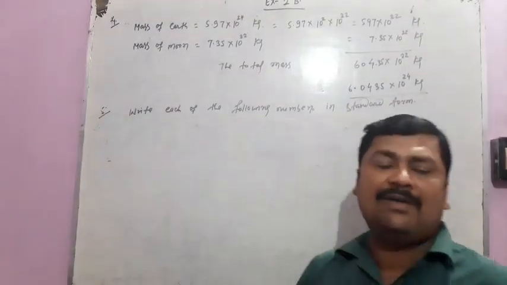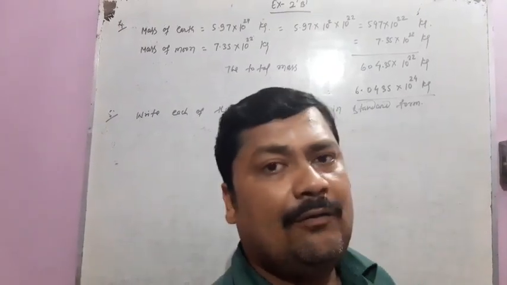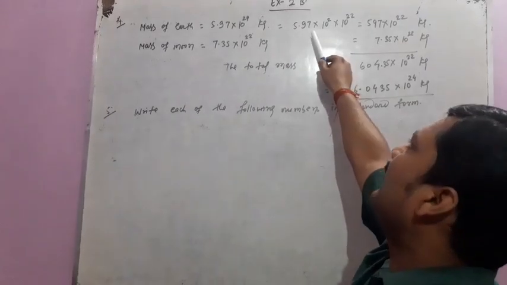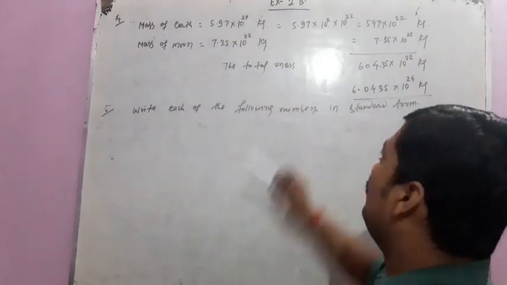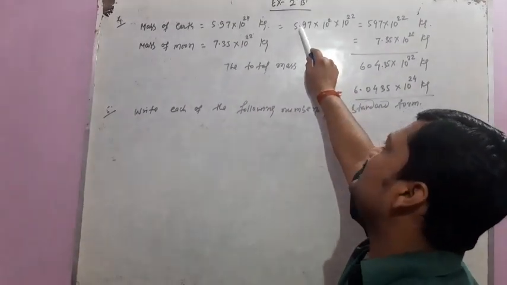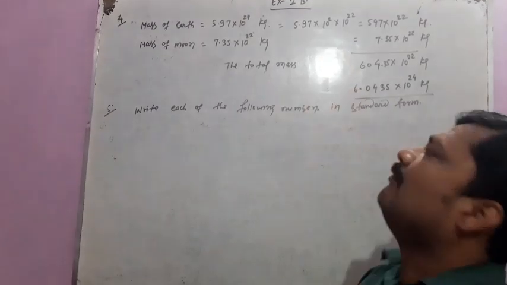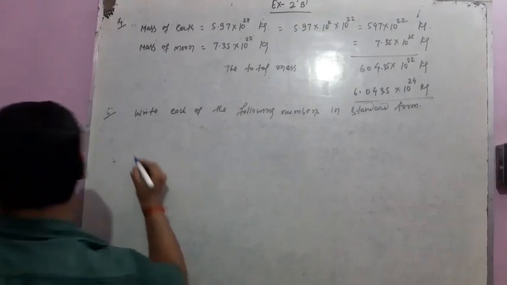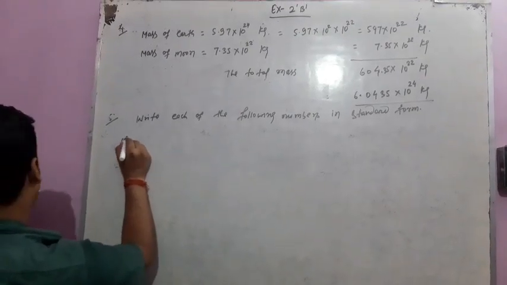Now, one thing we have to memorize: when we are moving the decimal towards the left side, we write the power in plus. When we move the decimal towards the right side, we write the power in minus.